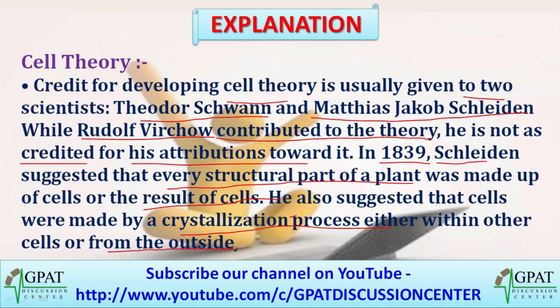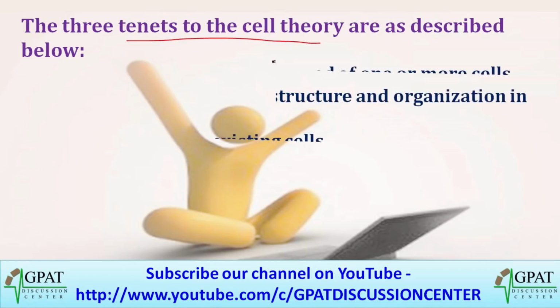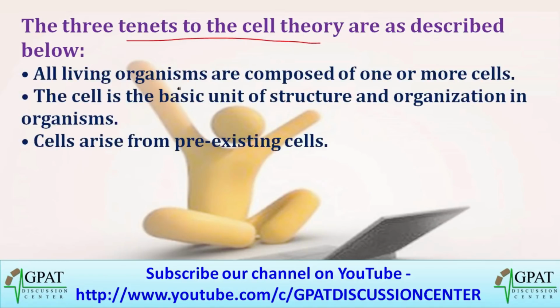So that's all about the cell theory, and there are three tenets of cell theory. What are the tenets? The first is that all living organisms are composed of one or more cells. The second is that the cell is the basic unit of structure and organization in organisms. And third, cells arise from pre-existing cells.